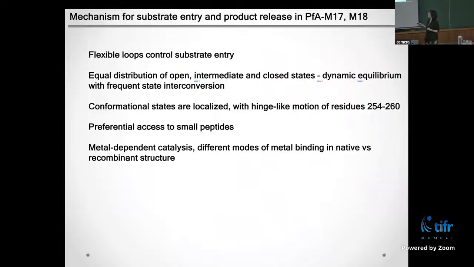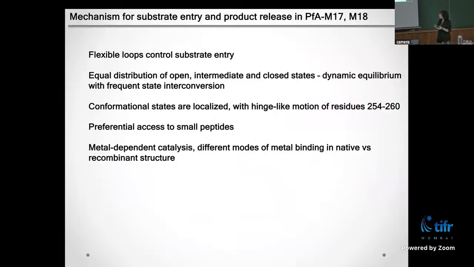So essentially what we learned from here, the question is what is the new information that is coming from the native structure versus the recombinant structure? Well, what we found is that we can put some evidence to what was suggested about these enzymes about 10 years ago, that there would be some flexible loops which will control the entry of the substrate, and that we can now see.